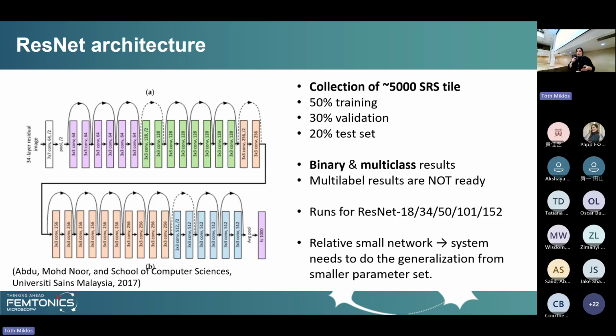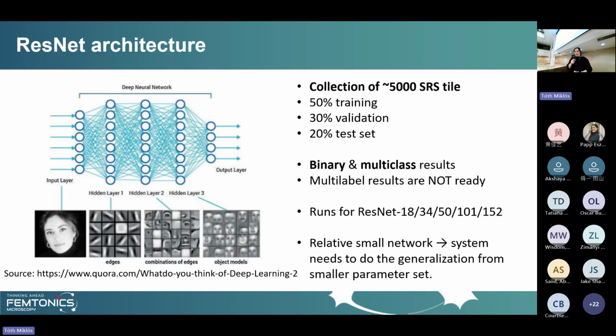And in our workflow, the ResNet acts as a feature extractor. So it learns the image features from the SRS tiles, from simple texture to more complex tissue-related patterns.